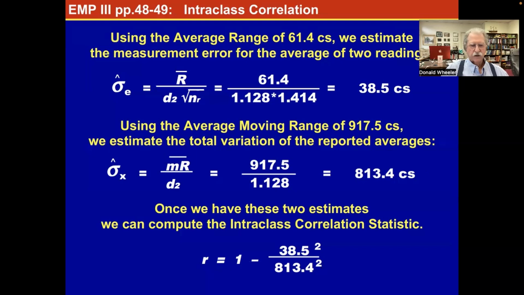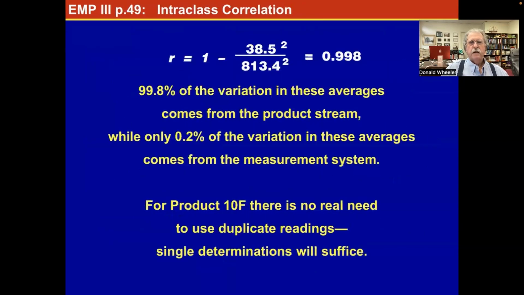Once we have these two estimates, we can compute the intra-class correlation statistic, 1 minus 38.5 squared over 813.4 squared, which is 0.998. 99.8% of the variation in these averages comes from the product stream, while 2 parts per thousand come from the measurement system.